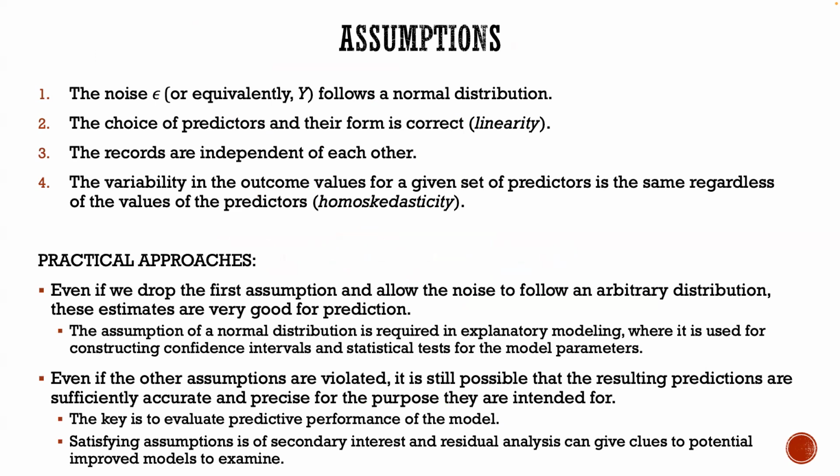We understand that the relationship between y and these x's, the linear relationship that we are talking about, is correct because of our understanding. We also assume that these records are independent of each other. So customer one, customer two, customer three, if we have all these different customers in our data set, they are independent from each other in how they make decisions. And then fourth, the variability in the outcome values for a given set of predictors is the same, regardless of the value of the predictors.